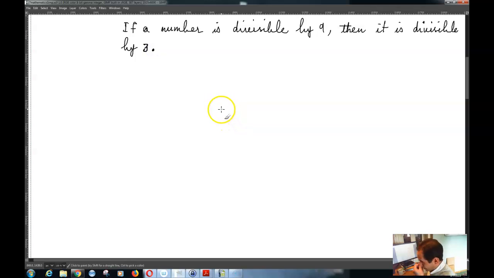Okay? So your statement is, if a number is divisible by 9, then it's divisible by 3. The example that we had over here is that, and you want to find the contrapositive of these statements.